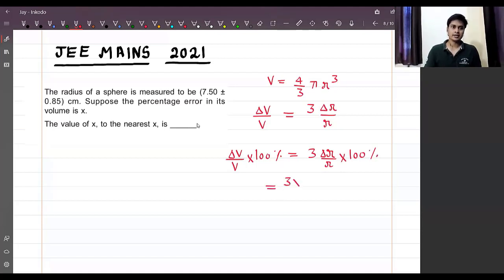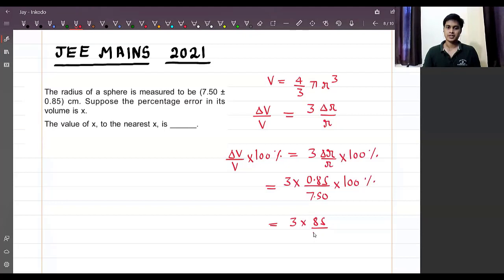So delta r, error in radius, is 0.85 and the radius is 7.50, into the 100%. So this is 3 times 85 divided by 7.5, that is 75 by 10.